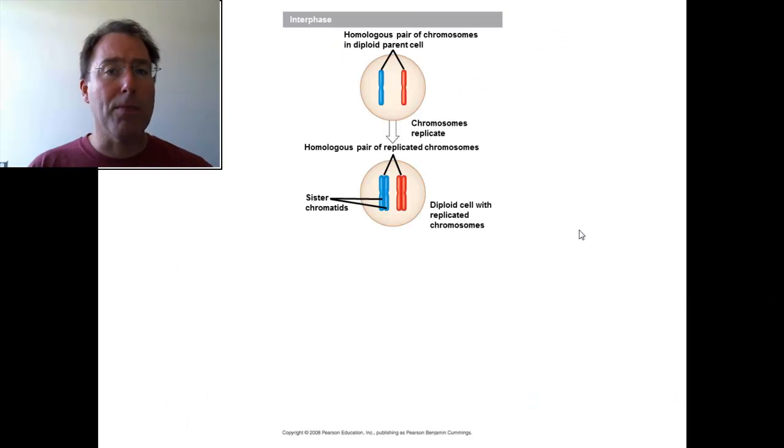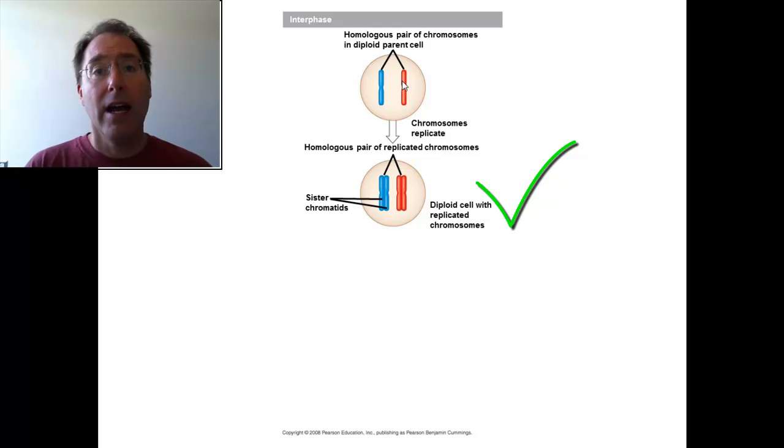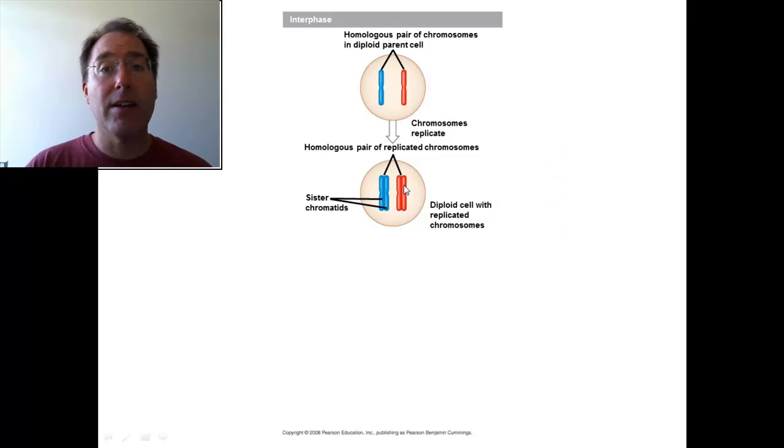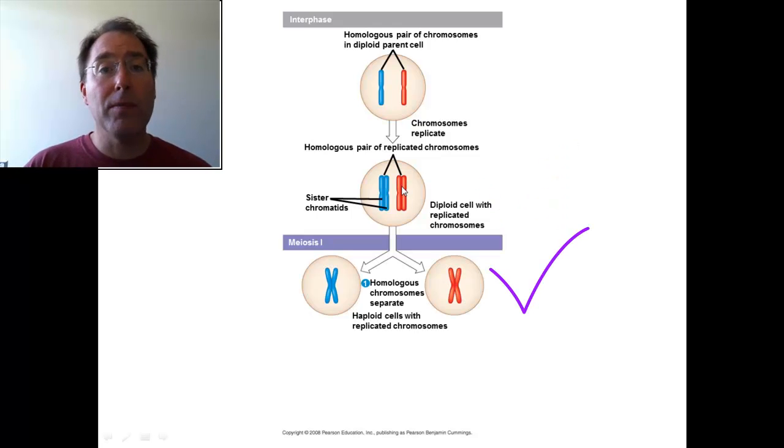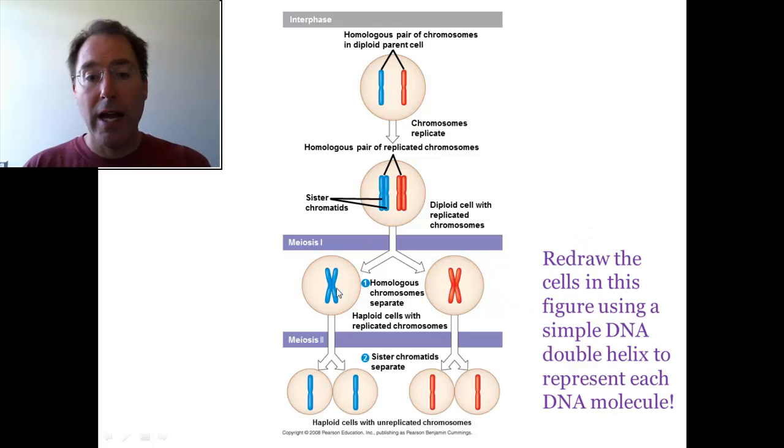Here's the picture in your book that you're going to see of 2 chromosomes within a cell, one from mom, one from dad, and then those are going to be duplicated right here in the S phase of interphase, and then those are going to start to divide out in Meiosis I and Meiosis II.